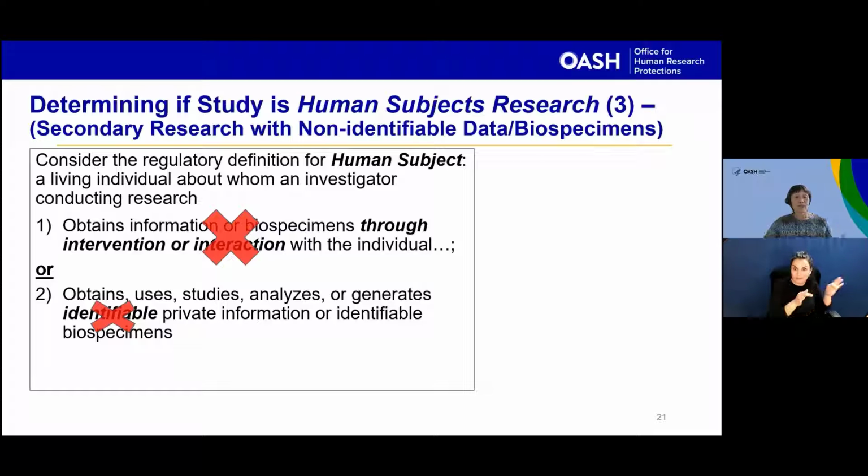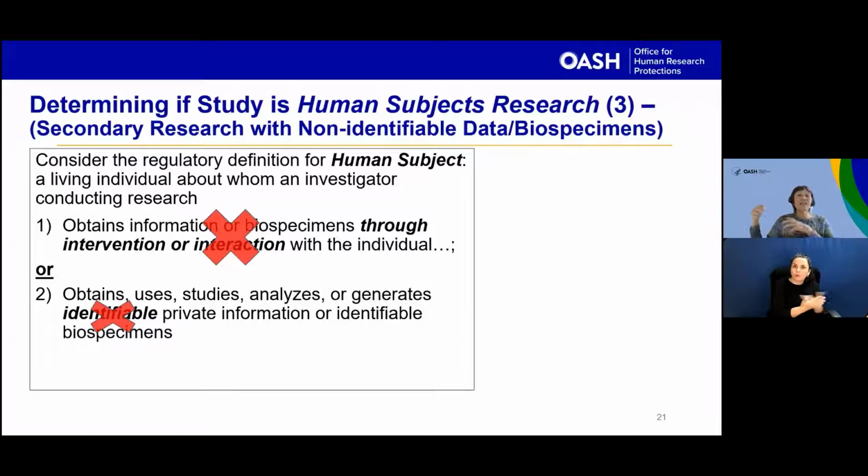The typical situation would be somebody else has access to medical records, or might have done research in the past, and has information they're willing to share with a different research team for this new project.